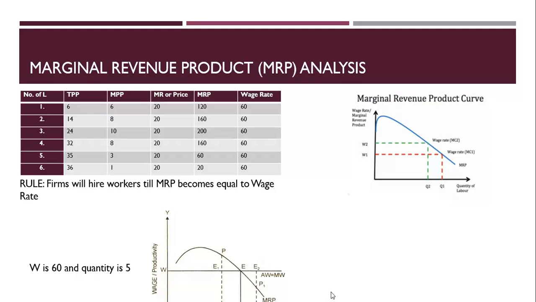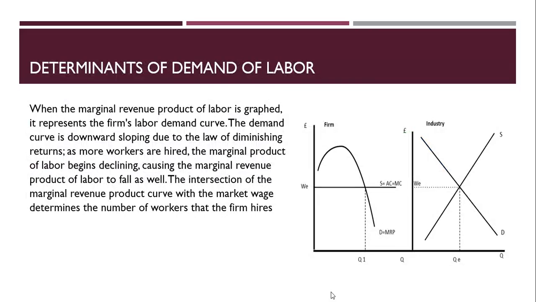But the MRP, the revenue that you get, if you hire workers equal to N2, so we are assuming here that N2 is 6, the marginal revenue that you are getting by hiring the sixth worker is only 20, whereas the wage rate is 60. So actually, this is a situation in which the firm is not better off. So the firm will maximize its revenue when it hires 5 workers, because that is where MRP becomes equal to the wage rate.